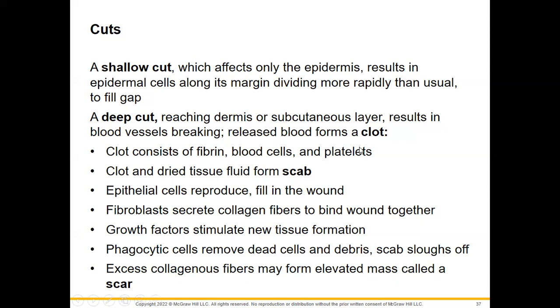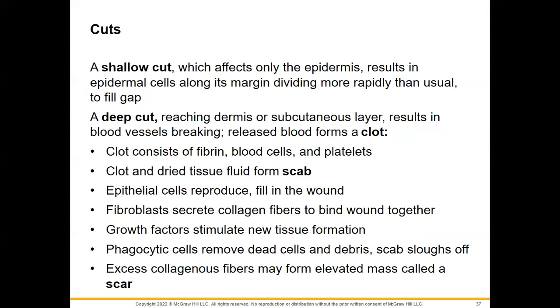So platelets are what start forming the clot. Fibrin is a protein, like a protein fiber, that's going to help pull things together. Then the blood cells are just going to be located inside of it. That's going to help to create part of that clot.